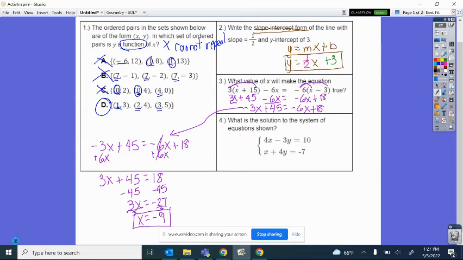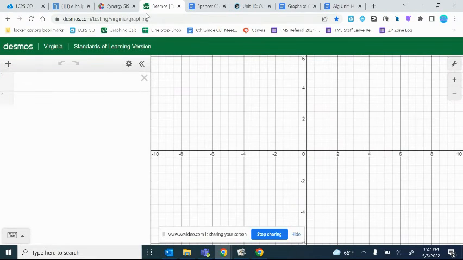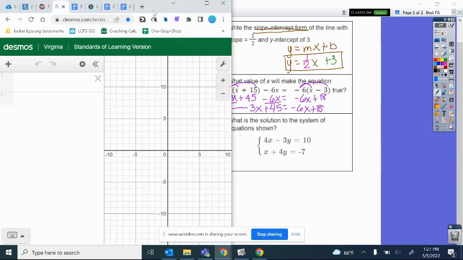Now, talking testing strategy here, remember that you also have access to a graphing calculator when you take your SOL test. So we bring that in here.